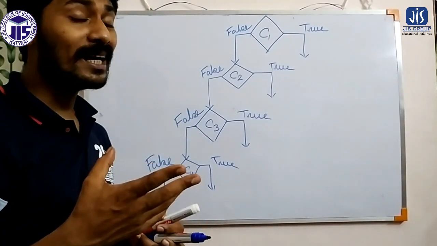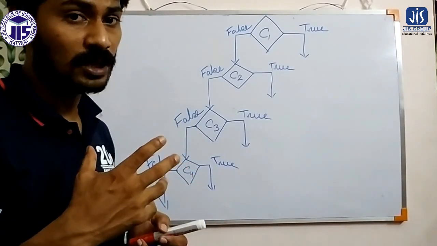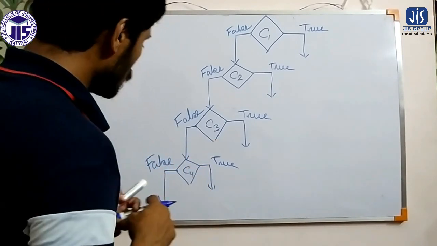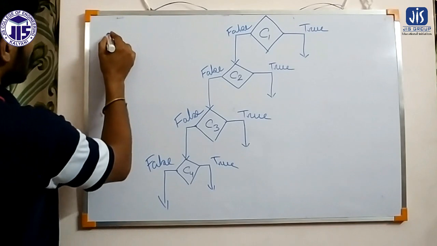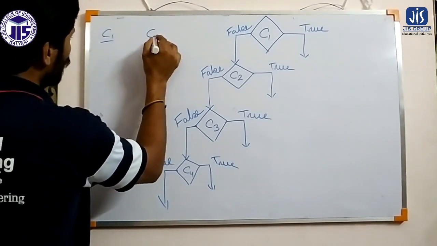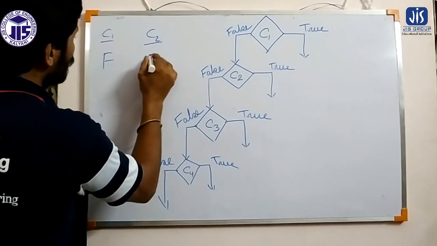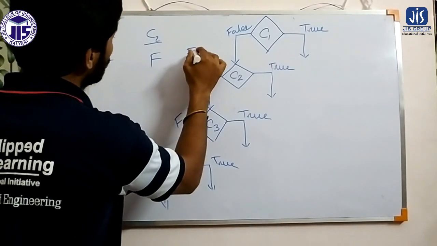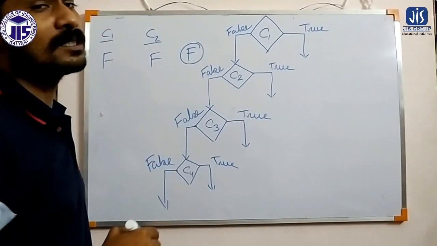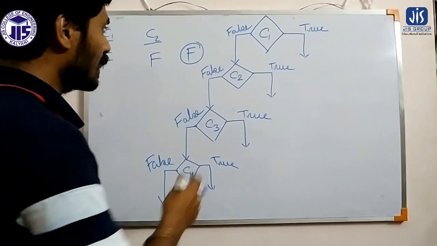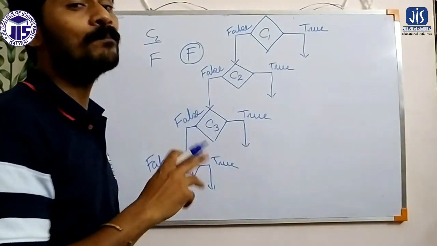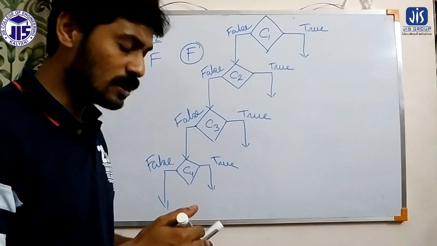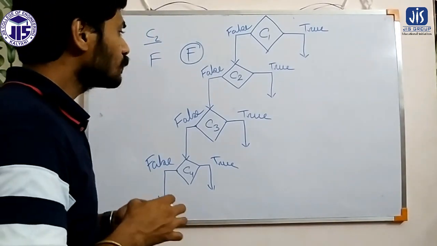Why am I saying that it is not exactly similar to the logical OR? Because in the case of logical OR, if both conditions C1 and C2 are false, then ultimately it is treated as false. But here, if both conditions are false, then the third condition will be verified.